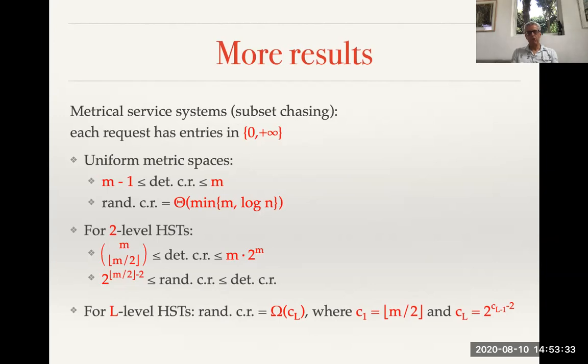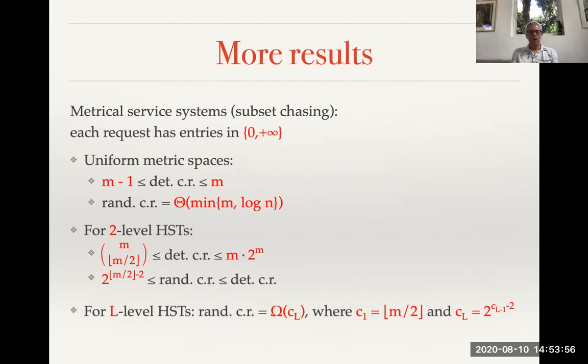So basically, each request forces the online algorithm to move to a state that has cost 0. And the states that have cost 0 are, of course, some subset of the points in the metric space. So that's why it's called subset chasing.